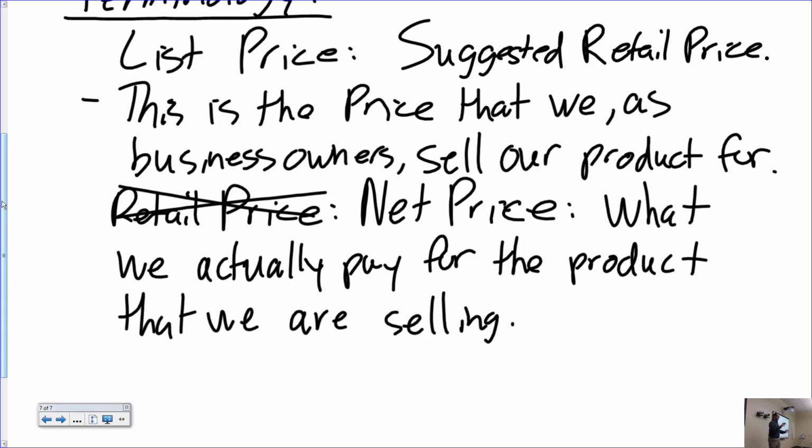Okay, so again, it sounds like it's a little backwards, and it is a little bit to some degree. But list price, net price. List price is what we're selling it for. Net price is what we're paying for it.